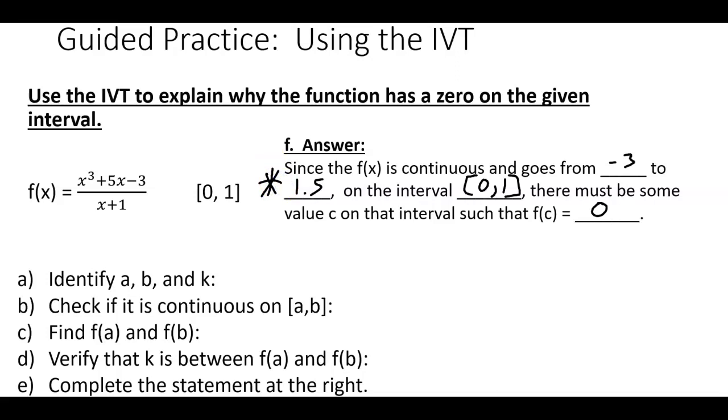And this is not the only way to word it, but the crucial stuff that you need to say is that the function's continuous. Somehow you need to make the statement that your function's going from one y value to another, and that would imply that the k value that we want is between those two numbers, and then you have to include your interval.